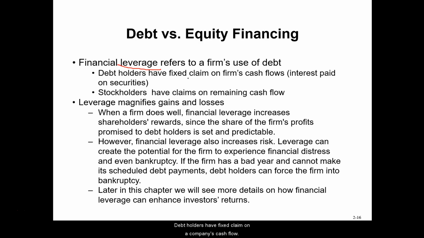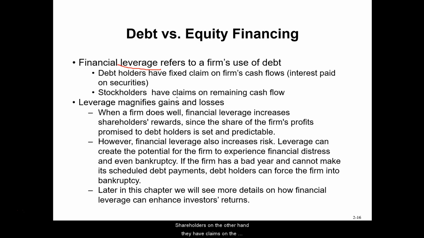Debt holders have a fixed claim on a company's cash flow. So if the company borrows money, they are supposed to pay back the debt, interest plus principal. And how much they're supposed to pay back is based on the contract of the debt. So debt holders pretty much know how much they are getting back from the company.